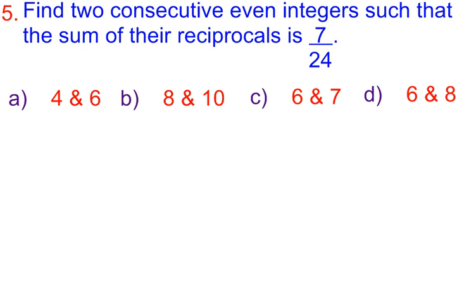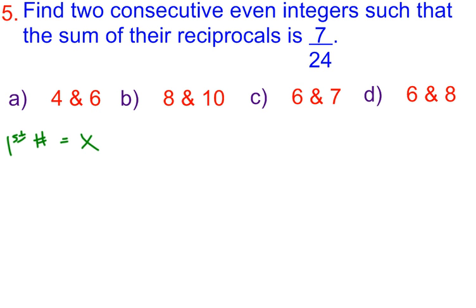So two consecutive even integers. Integers are numbers, we add them, no fractions, decimals, right? Excuse me, those would be real. The first number is, we don't know, right? So we'll call the first number x, how about?